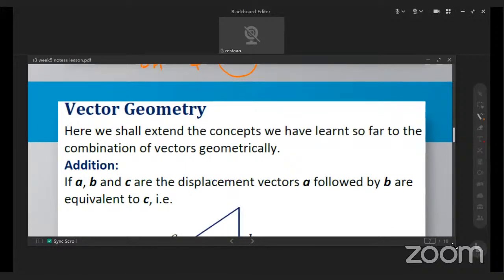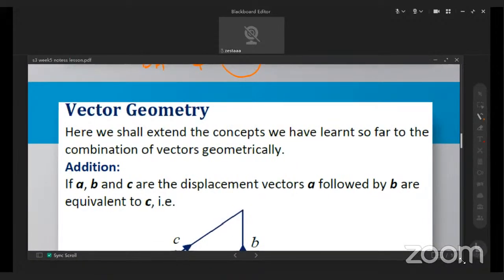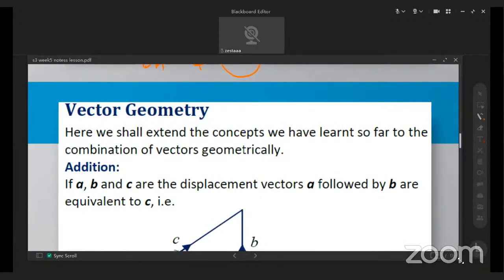We are going to combine all those and work them out in vector geometry. But there's something we need to look at before we start our calculation. This one has more of the calculation part of it.